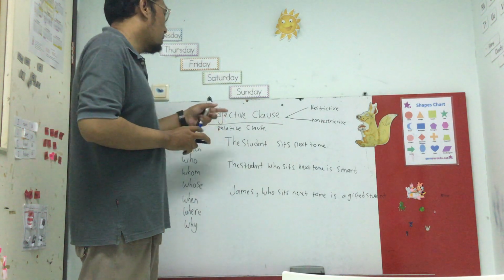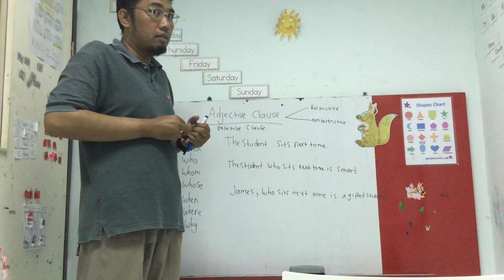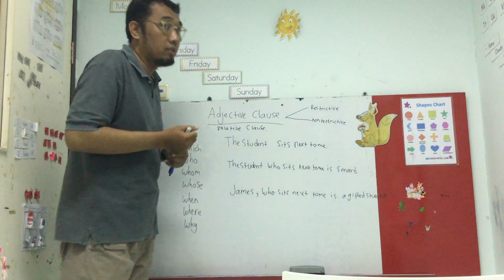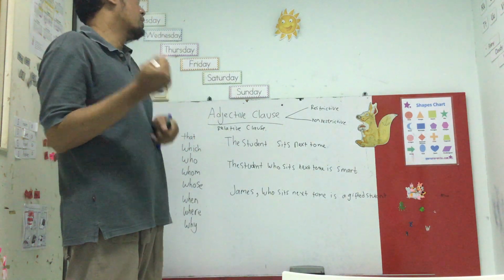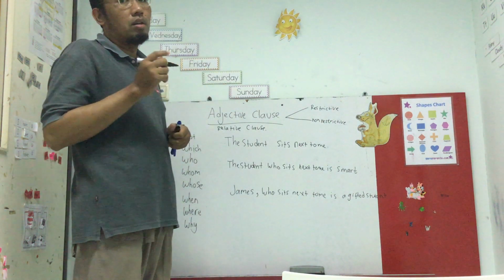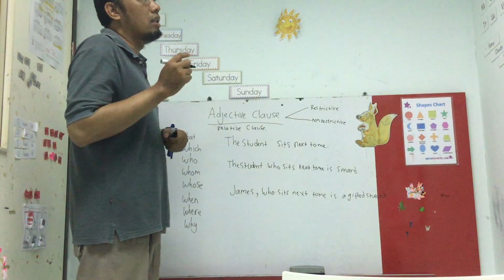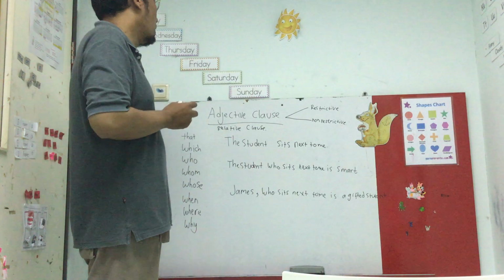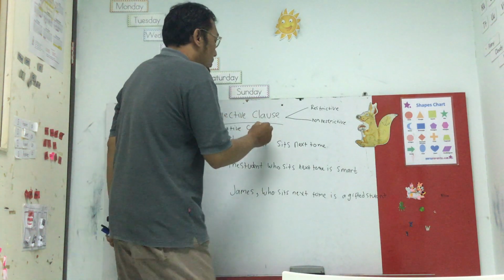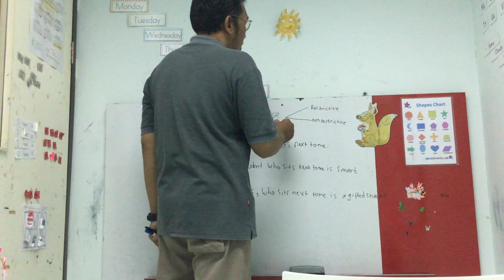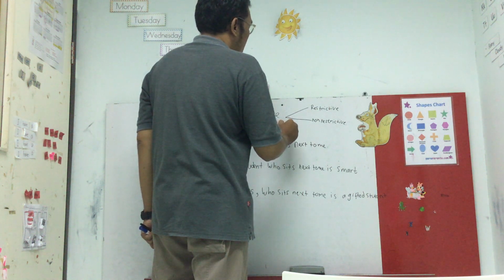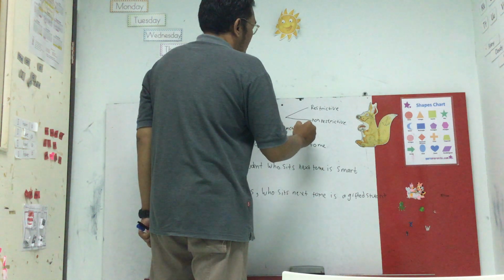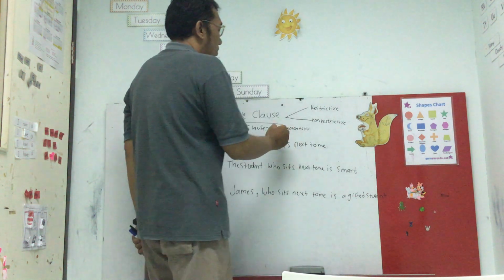So let's take a look at this one here. Again, I want to tell you about the form of an adjective clause first. The way to make an adjective clause is to have a conjunction plus subject and verb.